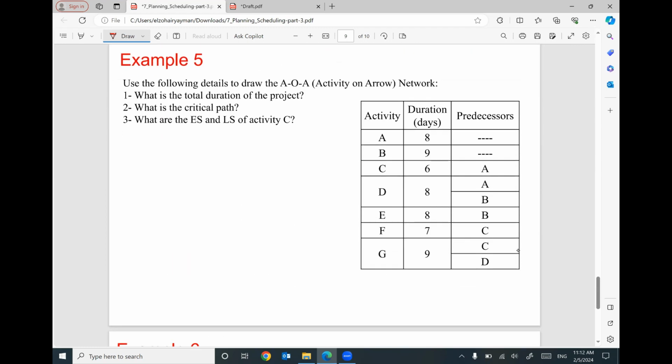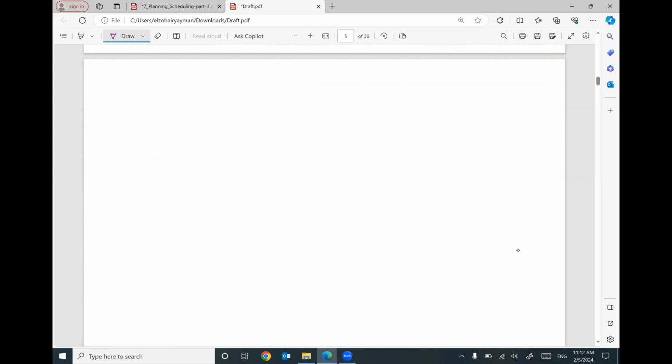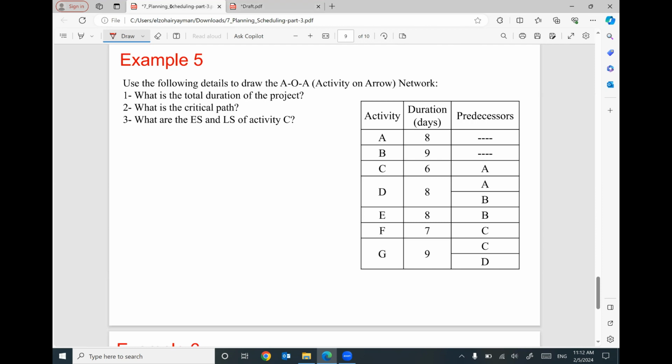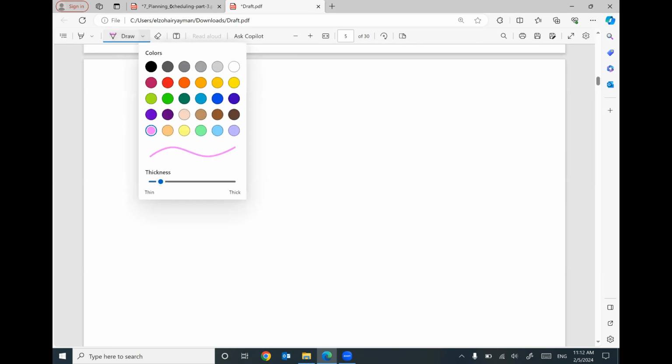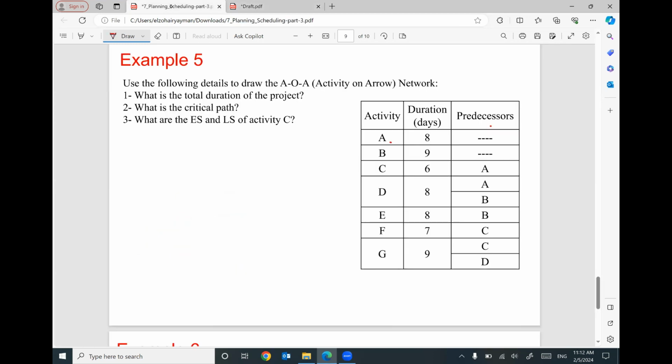One more example. Example number 5. So the first two activities in the project are A and B without any predecessors. So I will start with a node here, and I will put activity A and activity B. The duration for activity A, 8 and 9.